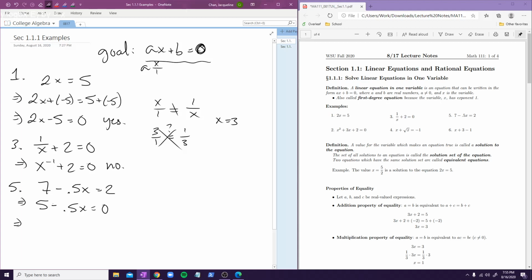Keep in mind this negative goes with your exponent, so when I rewrite it, I have to bring that as well. This is minus 0.5x. When there's nothing here, that means it's positive, so plus 5 is equal to 0. In this case, our a is negative 0.5 and our b is positive 5.